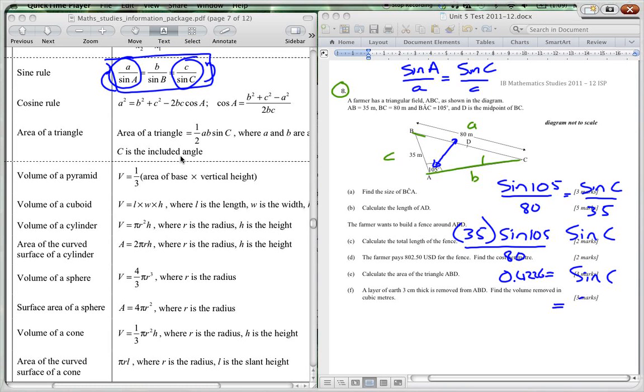So my angle C is 25 degrees. So this is 25 degrees here.